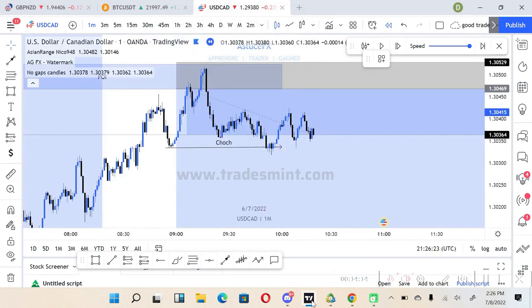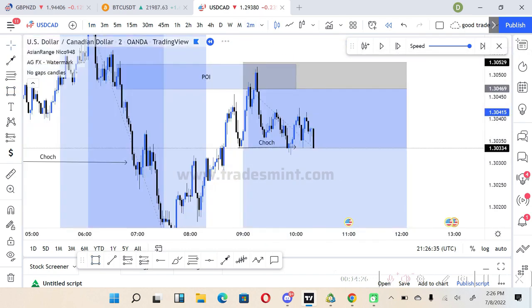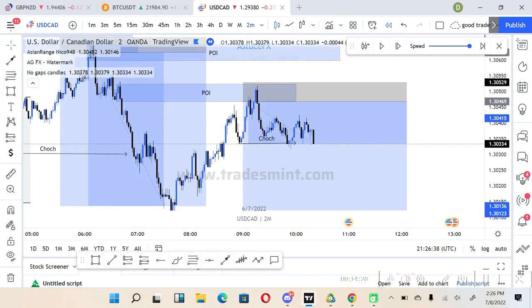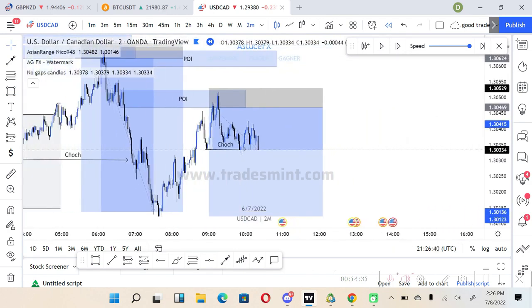I don't really like having only one very small candle like this as my OB. This is actually good. This way you can have high RR, but not only this, what usually happens is those small candles, they don't really get mitigated. So I might of course take this one as my re-entry.